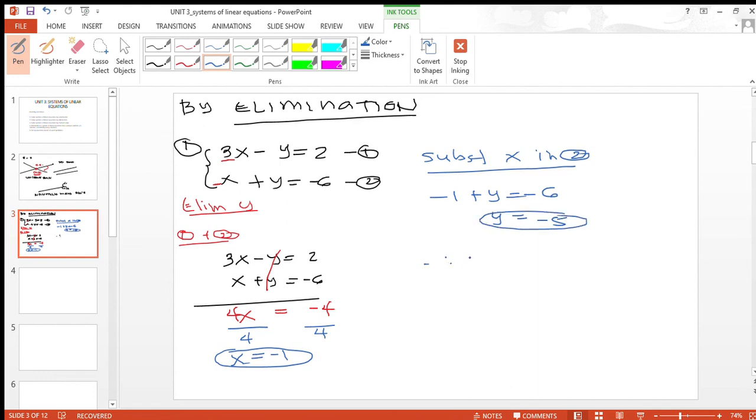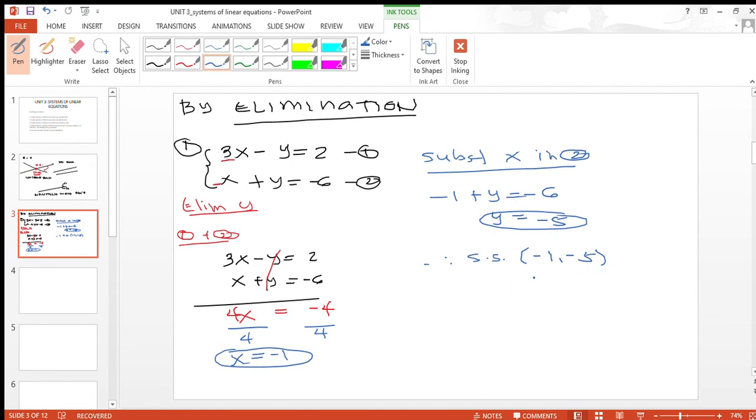Therefore, our solution set is the ordered pair x is minus 1 and y is minus 5. The ordered pair will always come in that manner, x and then y, like following our alphabet, x will always go ahead before y.